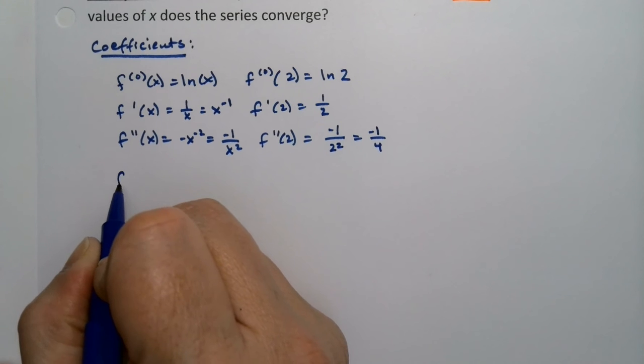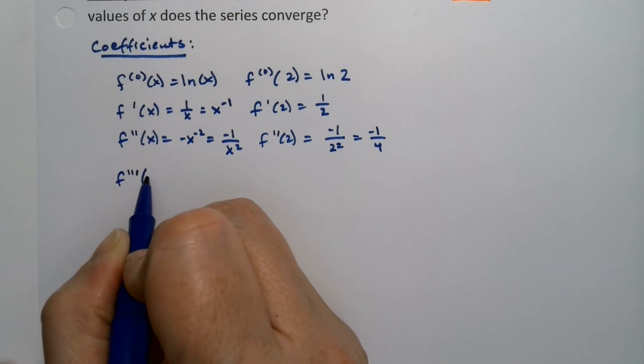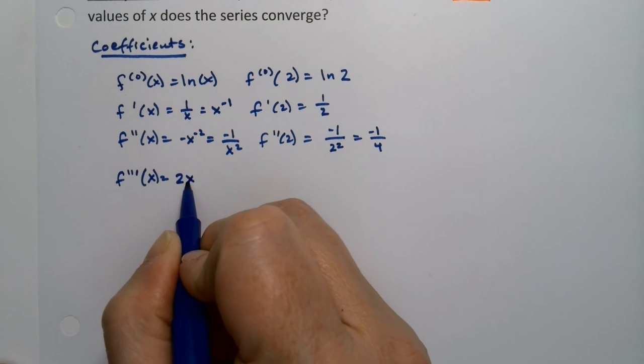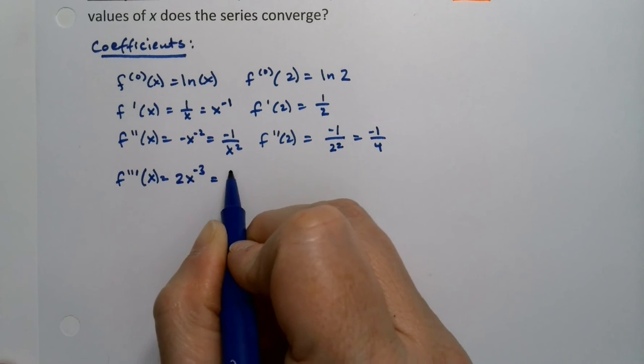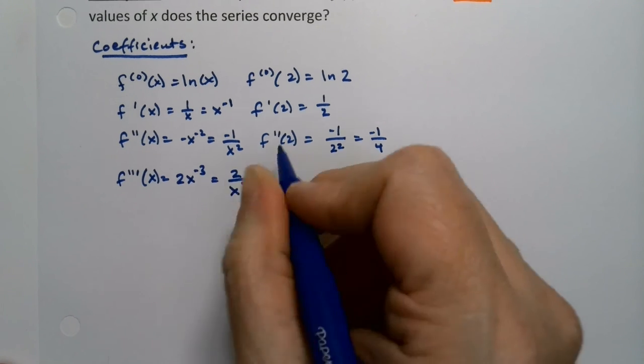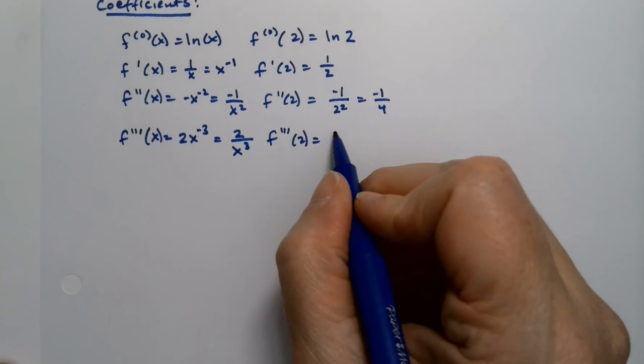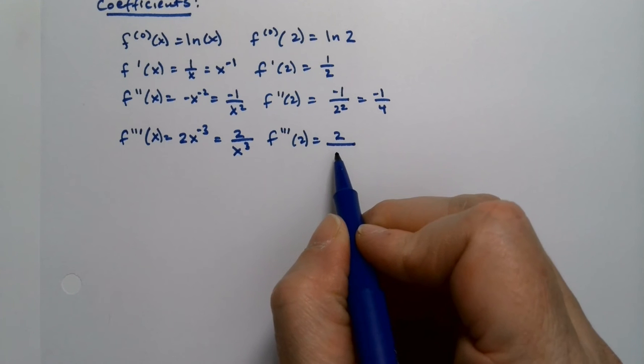All right, third derivative would be, bring the 2 down, so 2x to the negative 3, in other words 2 over x cubed. So the third derivative at 2 would be 2 divided by 2 to the third.